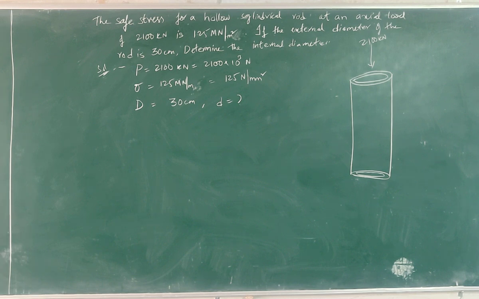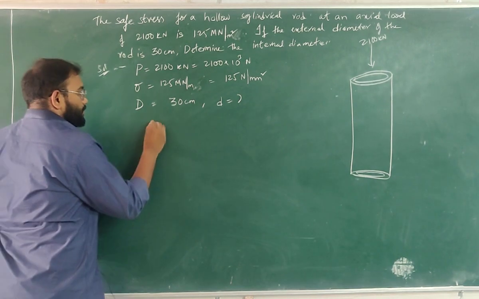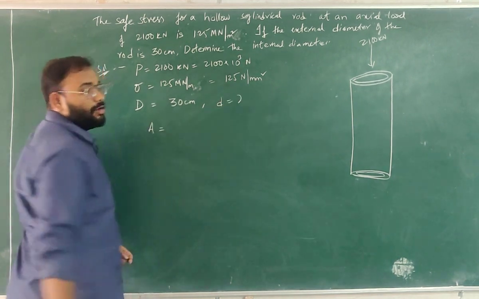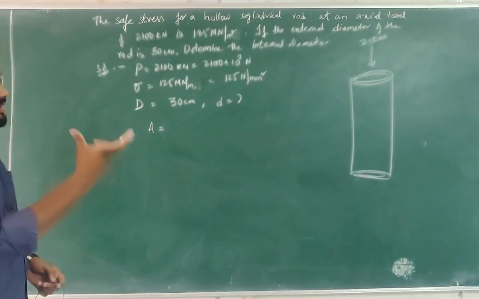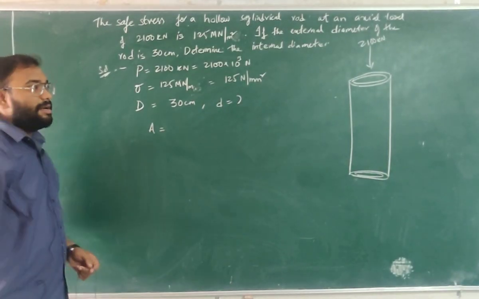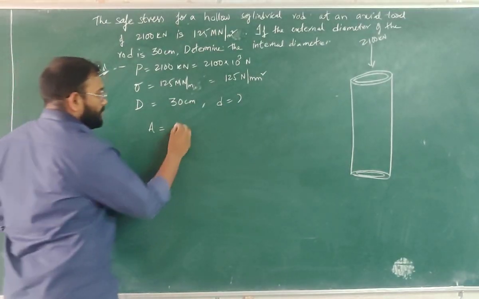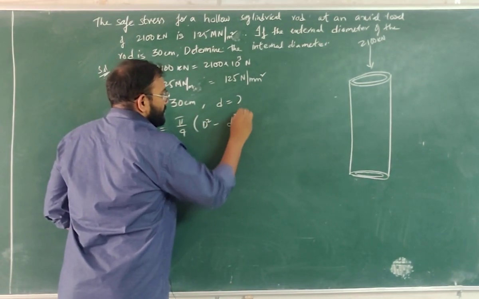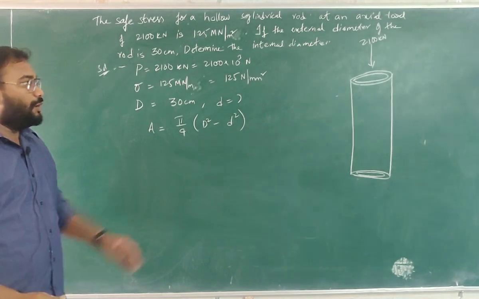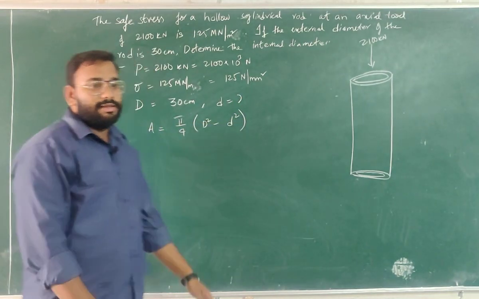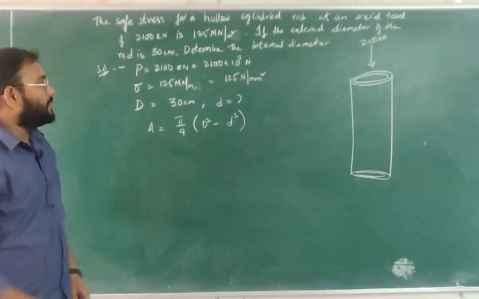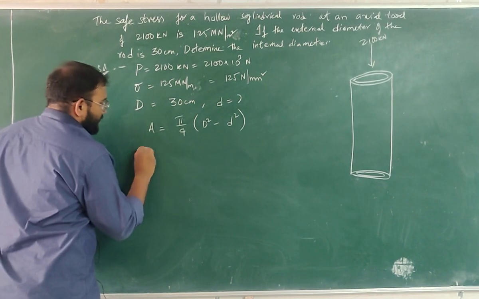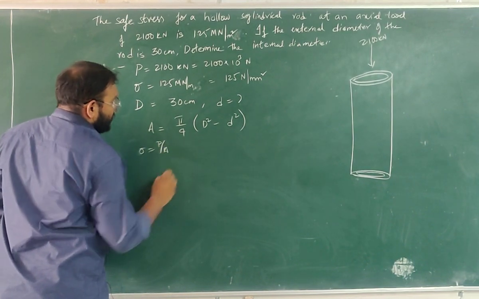What is the area of a hollow rod? Area for a hollow rod like this, whose outer diameter is capital D and inner diameter is small d, is pi by 4 into D square minus d square. So simply substitute the values here. Sigma is equal to load by area is the equation you have.